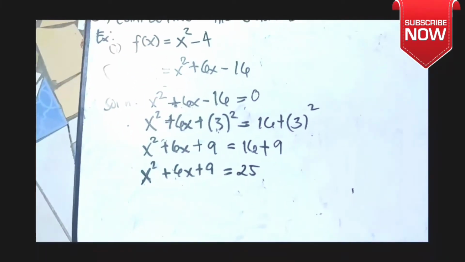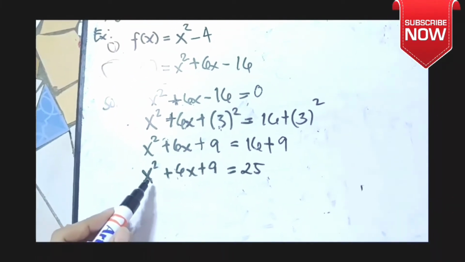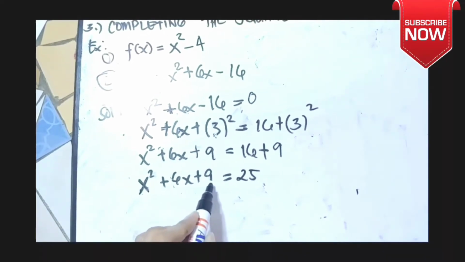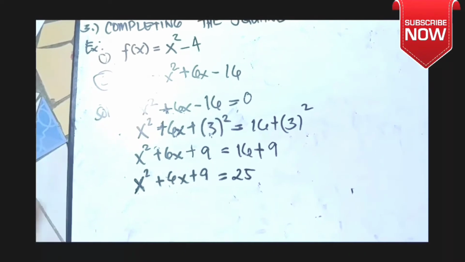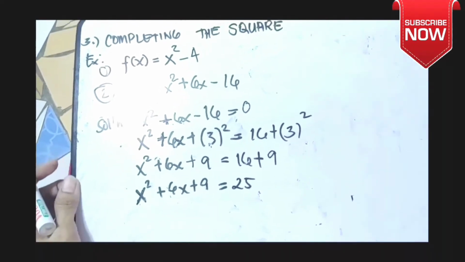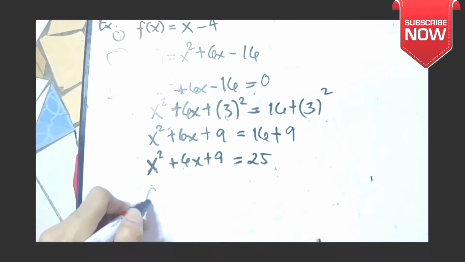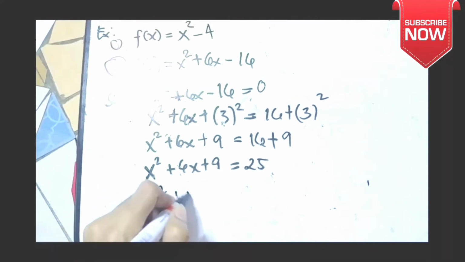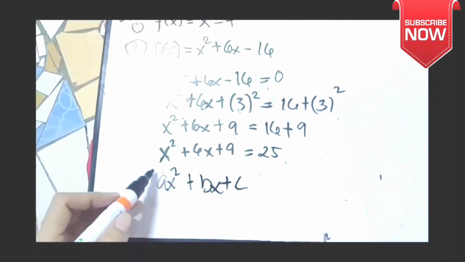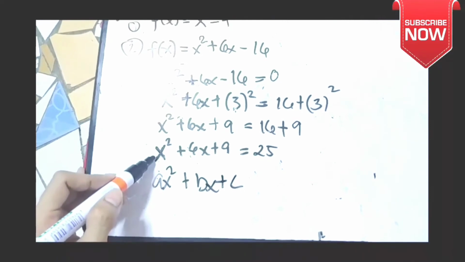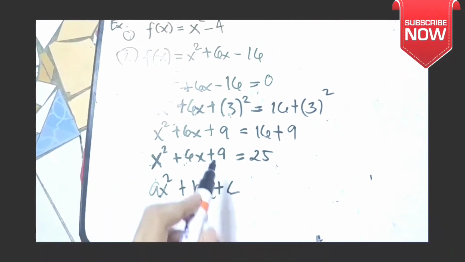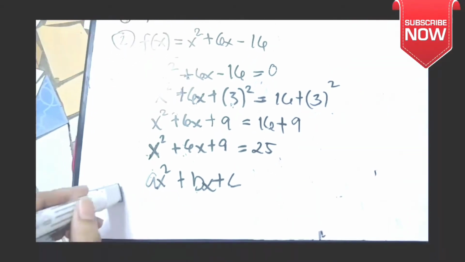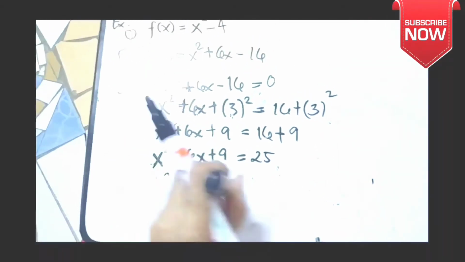Okay, so kung mapapansin natin, ang x squared plus 6x plus 9 is in a form of general form of quadratic equation. So, ito rin yung ax squared plus bx plus c, in which ax squared, yan yung x squared, bx, yan yung 6x, and c, that is the constant term.